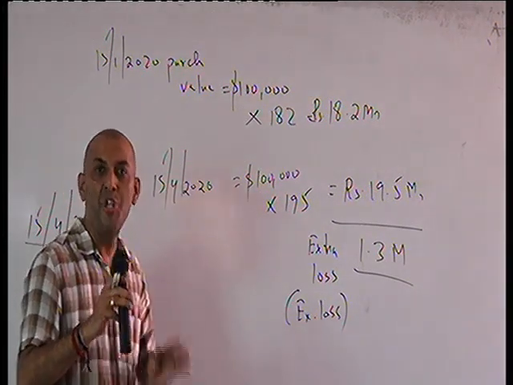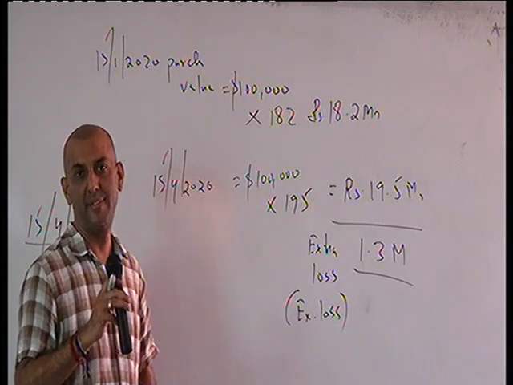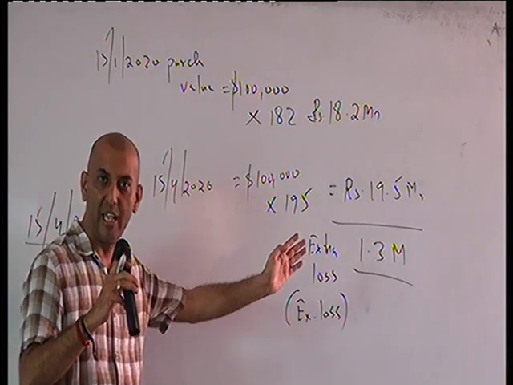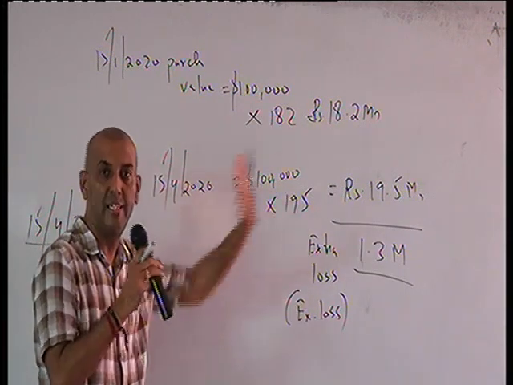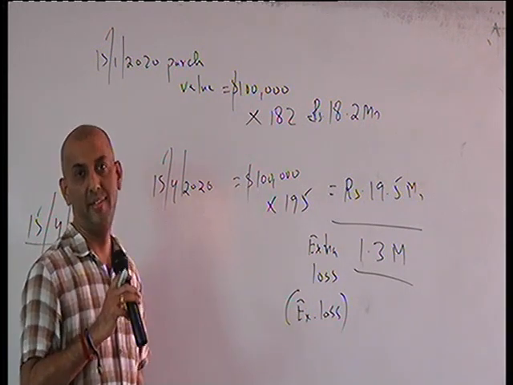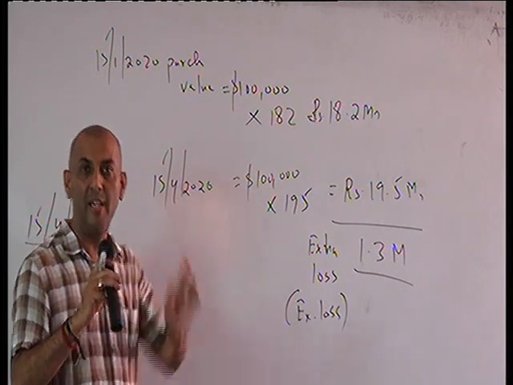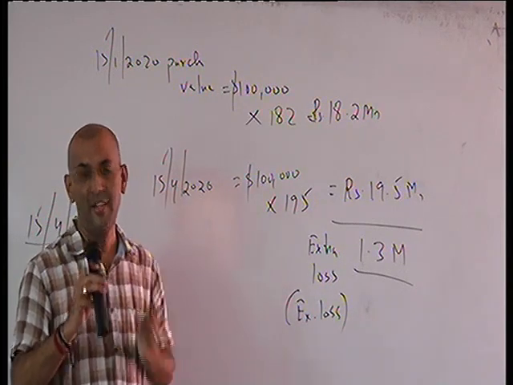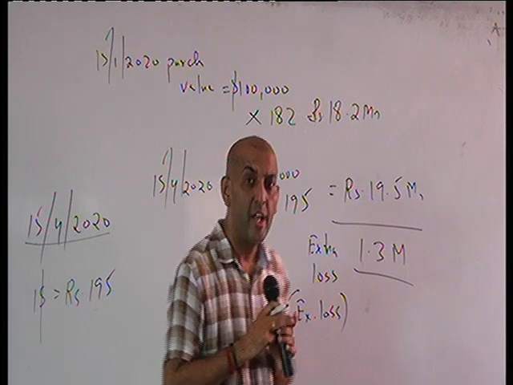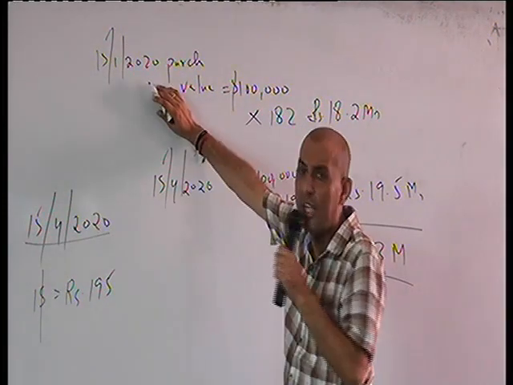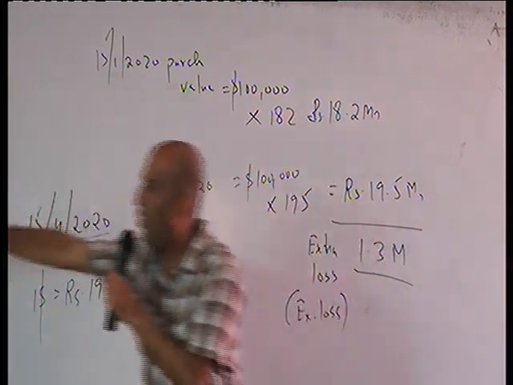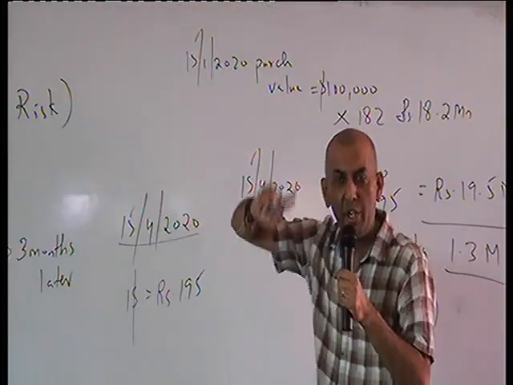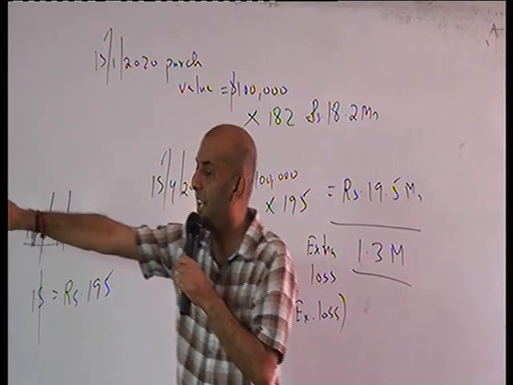This is what normally happens. When the exchange rate depreciates like this or Sri Lanka rupee depreciates like this, we lose always. As an importer, I lose 1.3 million on this transaction. So what is the risk? On 15th of January 2020, my exchange rate is 182.